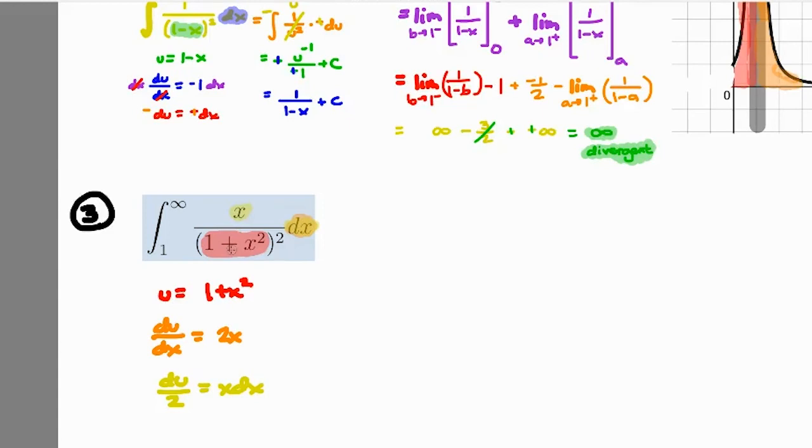So now I can rewrite that entire thing right there, that x dx, as du over 2. And that's actually what I'm going to do. So I'm going to rewrite everything based on the substitution. So we're going to go from, forget the 1 to infinity right now. I'm going to deal with that in a little bit. But it's going to be 1 over u squared, x dx is equal to du over 2.